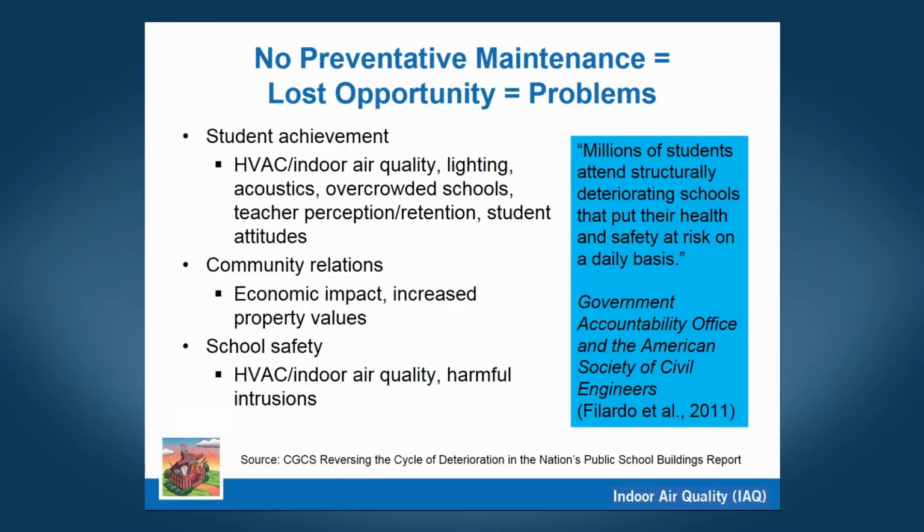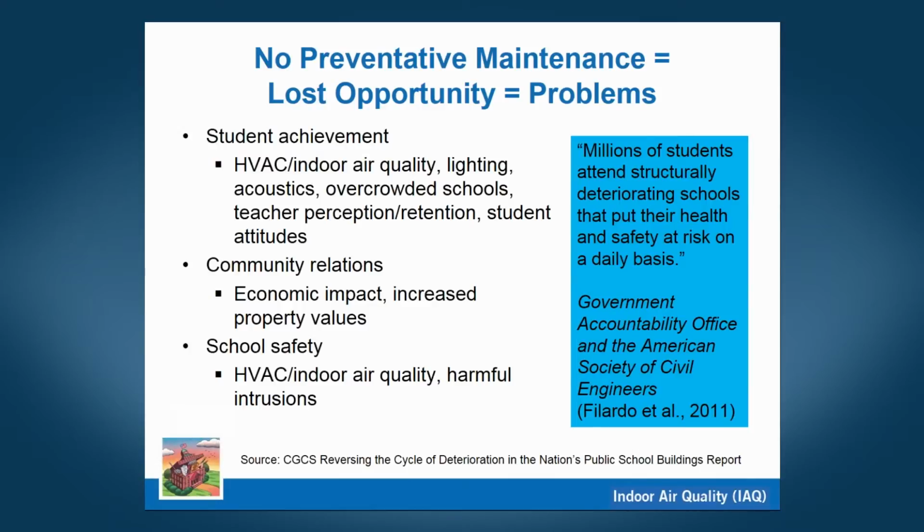For example, one study that is mentioned in the report by Ertman from 2004 reports that students in non-air-conditioned buildings have been found to perform 3 to 12% lower on measures of student achievement than students in air-conditioned buildings.